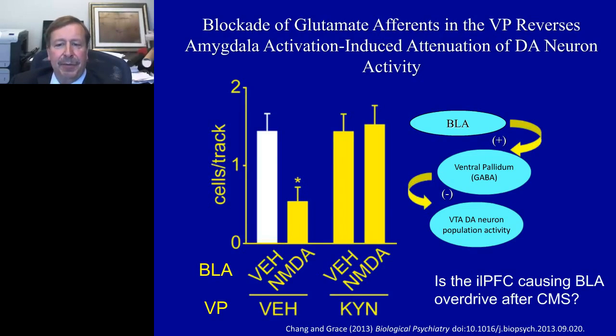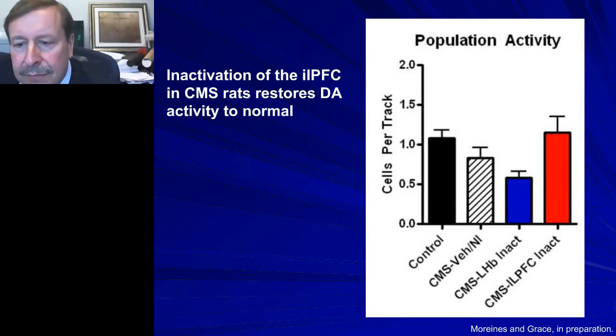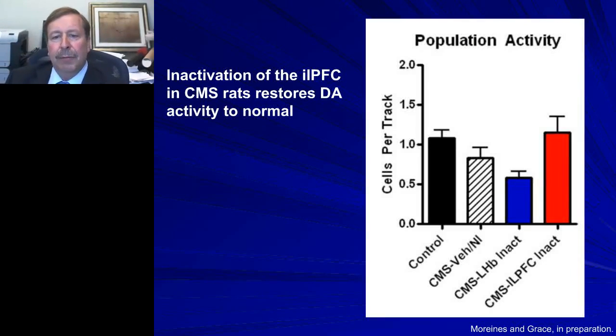Now, is the infralimbic prefrontal cortex causing this effect? Well, if we look at the infralimbic prefrontal cortex in animals that have undergone chronic mild stress, we find that infralimbic prefrontal cortical inactivation restores dopaminergic neuron firing.